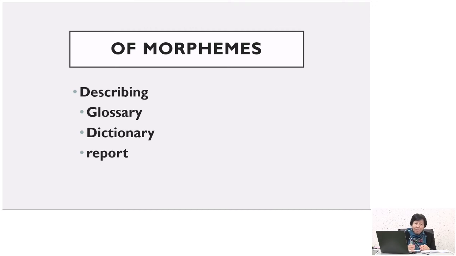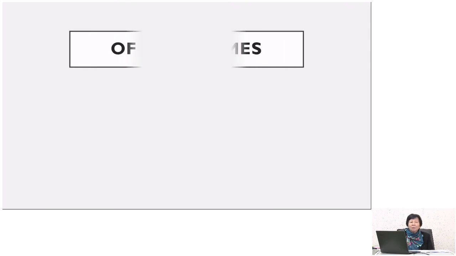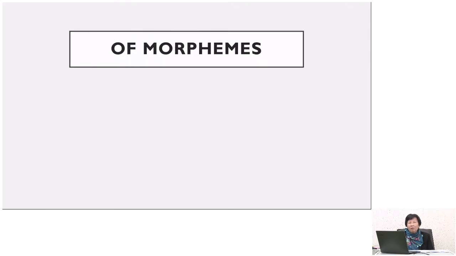That is so small, because how many words are there in English? My goodness. More than 10,000, more than a million maybe. We haven't counted yet, but you can try. So when you study morphology, you try to get a number of morphemes.